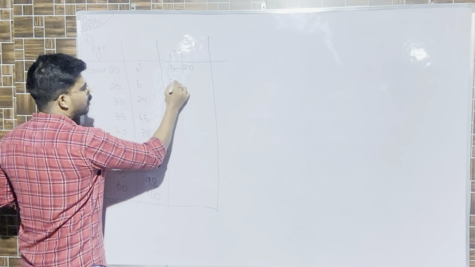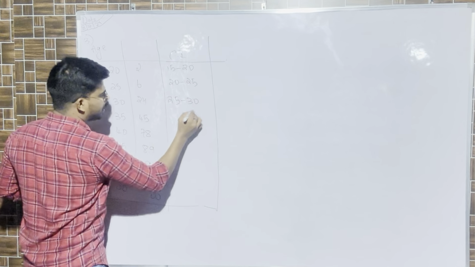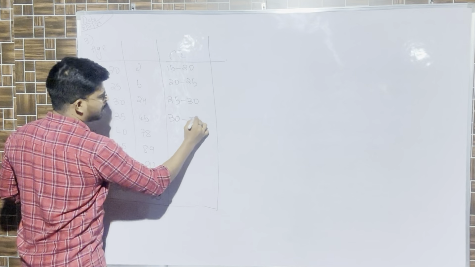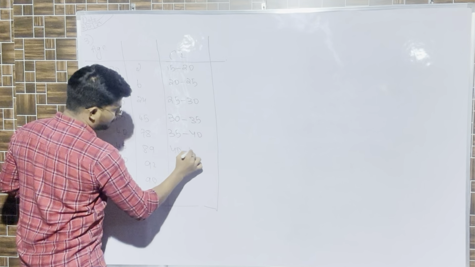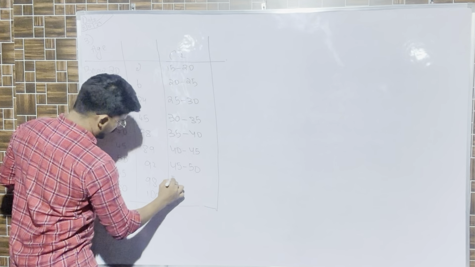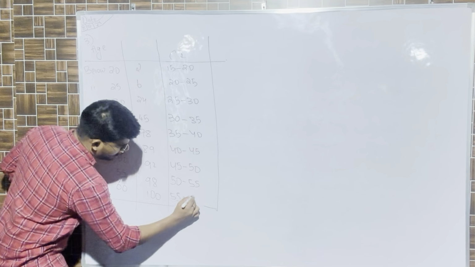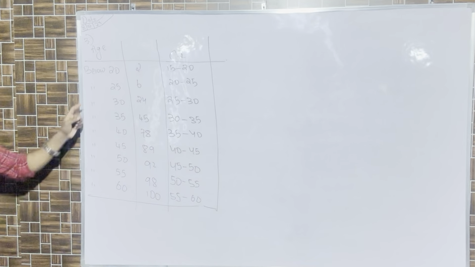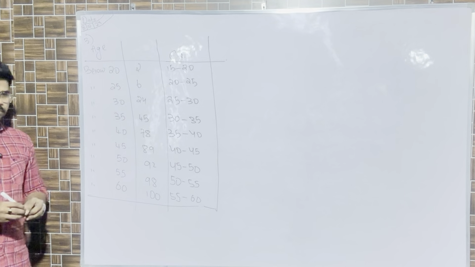Below 25, 20 to 25. 25 to 30. 30 to 35. 35 to 40. 40 to 45. 45 to 50. 50 to 55. 55 to 60. We made quite a modification to the class interval and wrote it as per our convenience.